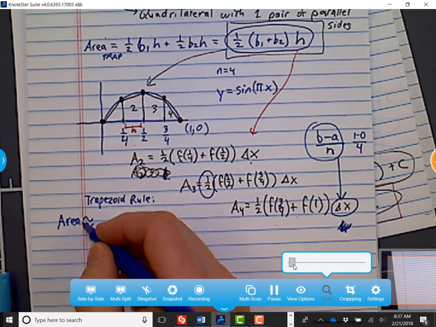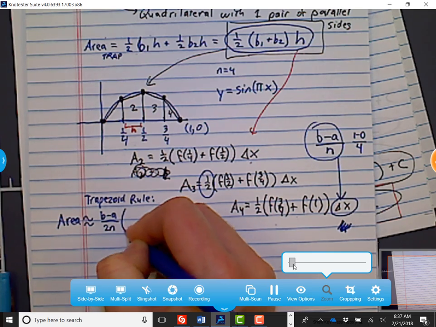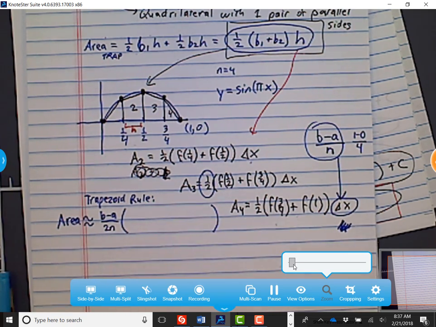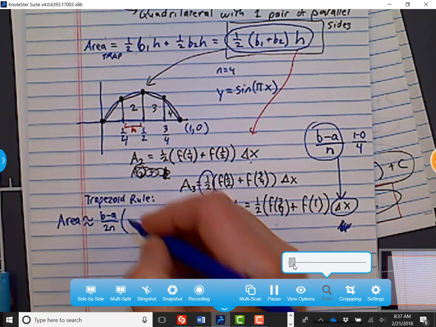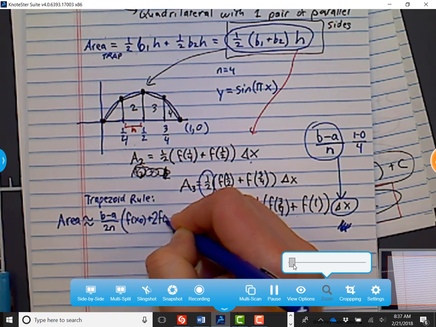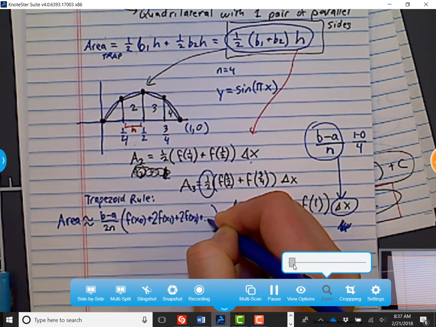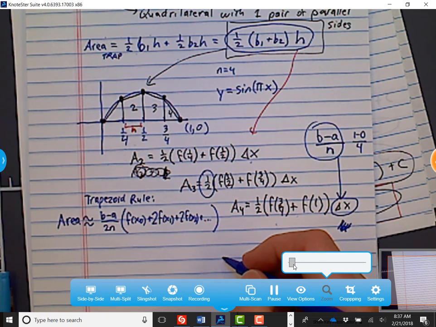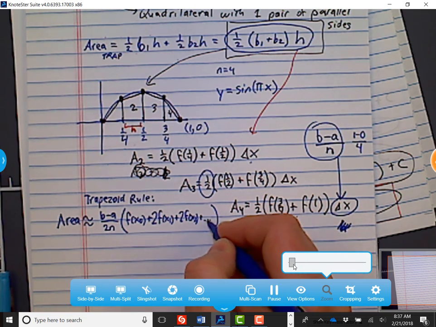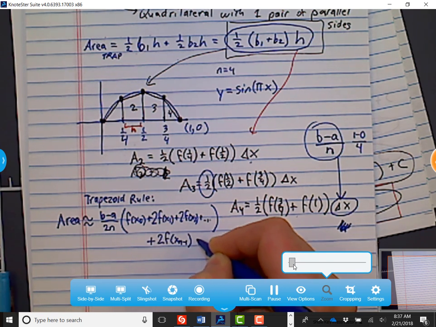And so the trapezoid rule, the way we're going to write it is we're going to write b minus a over 2n times a really big sum. And the sum is going to be f of x0 plus 2f of x1 plus 2f of x2 plus ... I'm running out of room, but that's okay. I'll write it down here. Plus 2f of xn minus 1 plus f of xn.